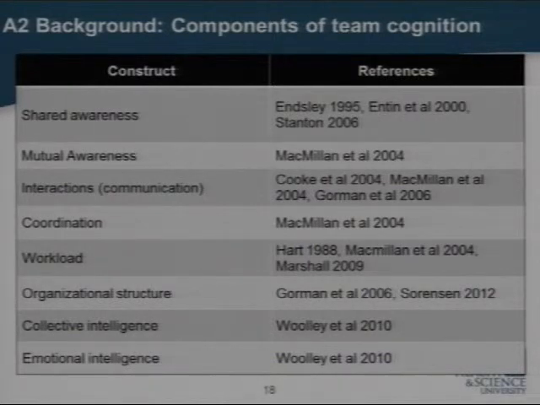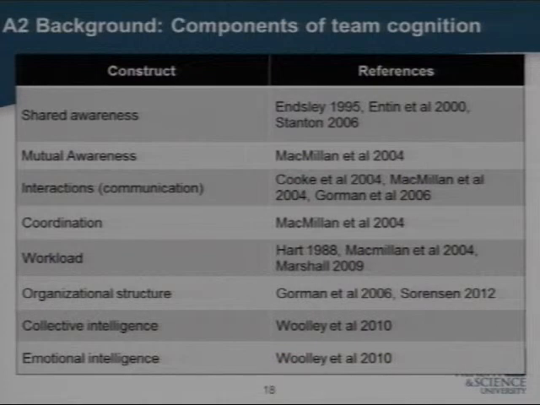Interactions can take the form of basic verbal communications of whether two people talk to one another. Coordination refers to whether people are sharing resources. Workload refers to, for the most part, how burdened people are by their particular task.